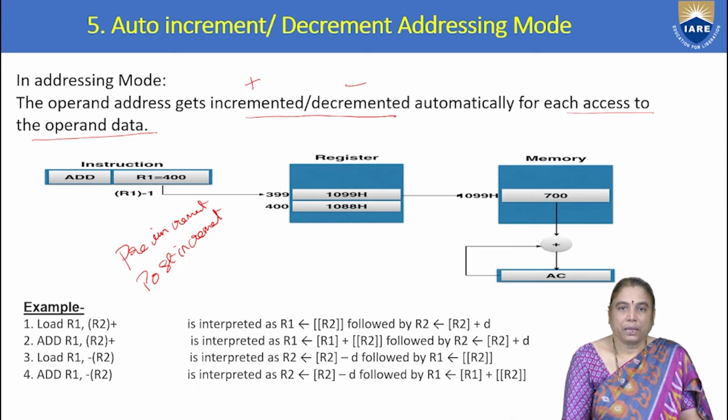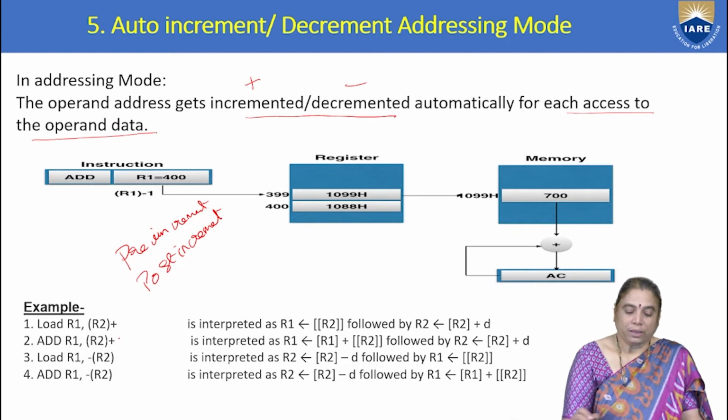In pre-increment, first the incrementation operation on the register is performed, and that address is used to refer to the operand. Post-increment means after referring to the memory location, the register content is incremented. Similarly, pre-decrementation and post-decrementation can also be used in auto increment and decrement addressing modes.